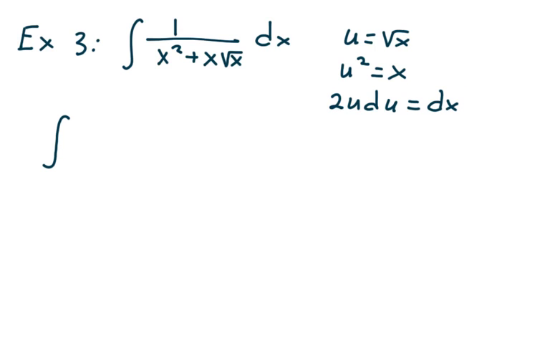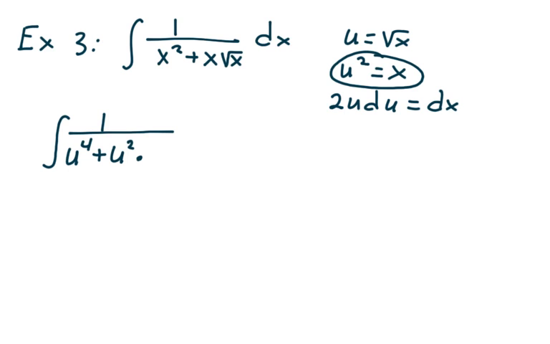Now I'm going to get 1 over, if I square each side, I'm going to get u to the 4th. And remember that x is u squared, and I'm going to multiply by u. And then the numerator is 2u du.